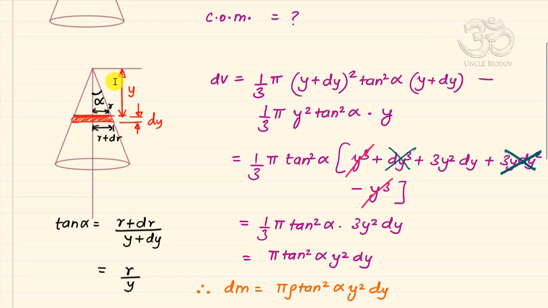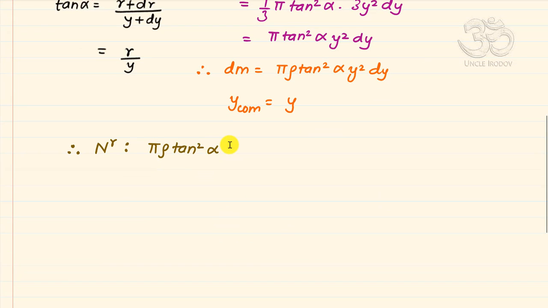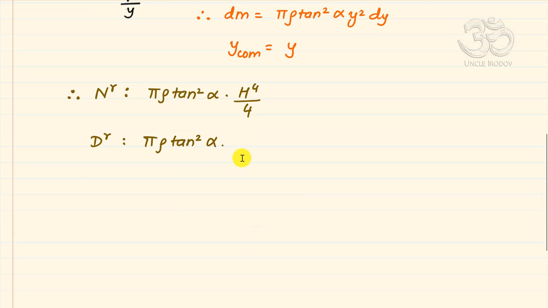Integrating with y from 0 to capital H, it becomes h power 4 by 4. The denominator is just the integral of dm, so pi rho tan squared alpha, and you have y square dy, so y cube by 3, and from the limit 0 to capital H it will be h cube by 3.